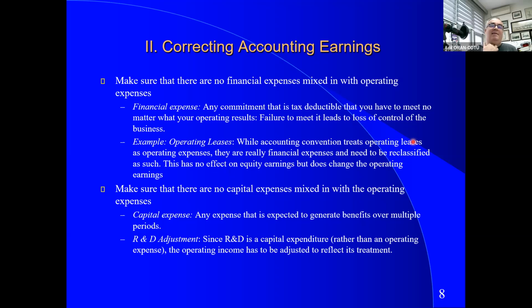But if you look at the definition, it looks like all of it, or at least part of it, should actually be under financial expenses. So accounting conventions treat operating leases as operating expenses, kira ödemeleri, rental payments, rent expense. They are really financial expenses and need to be reclassified as such, especially if the amounts are big.